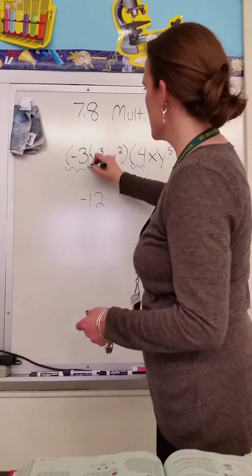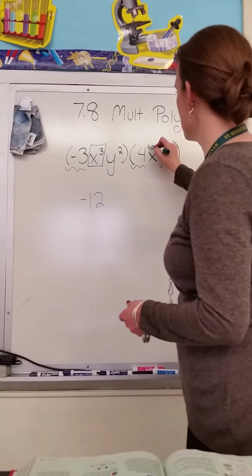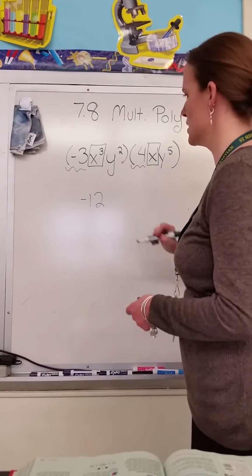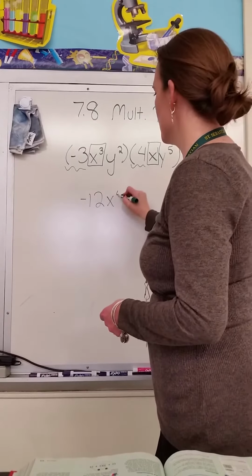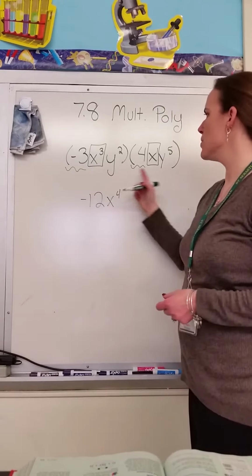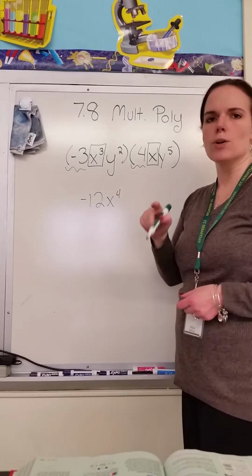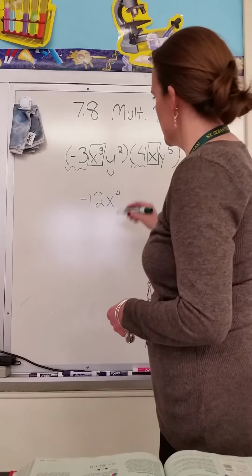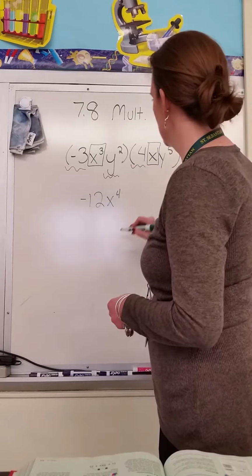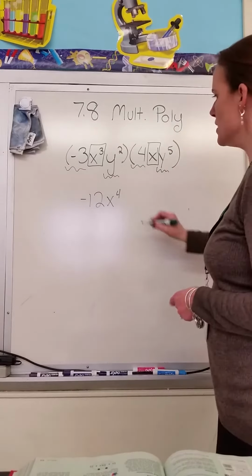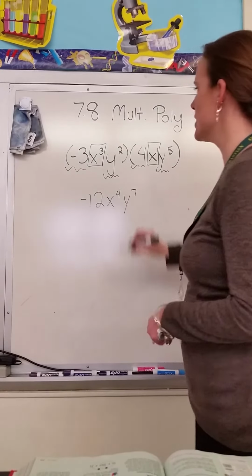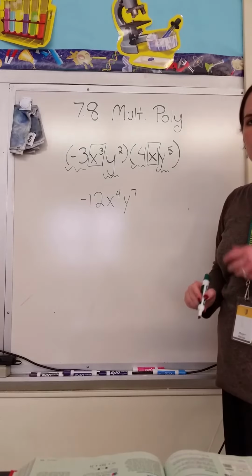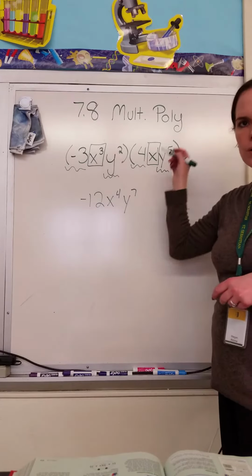So this x to the third times this x to the first is going to be x to the fourth, because when you're multiplying, your exponents get added together. This y squared and this y to the fifth, you would have y to the seventh. So that's how you would multiply a monomial and a monomial.